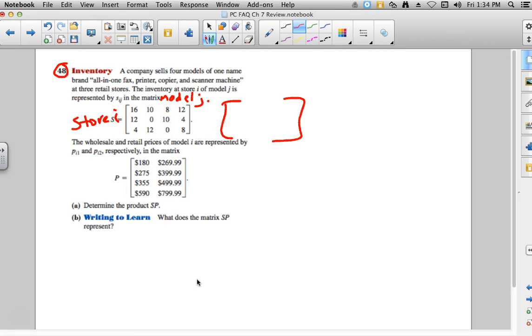Well, we're going to need to take this 3 by 4 times this 4 by 2 matrix. And we should get a 3 by 2 when we are done.